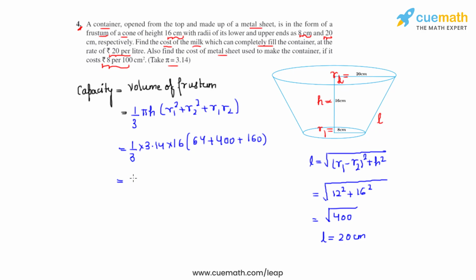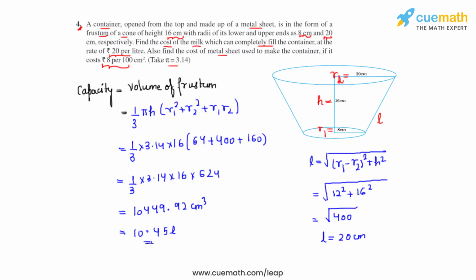So that on simplification comes as 1 by 3 times 3.14 times 16 times 624. So this on further calculation gives us the capacity or the volume of the frustum as 10,449.92 centimeter cube. So if we convert this into liters, we get its volume as 10.45 liters.